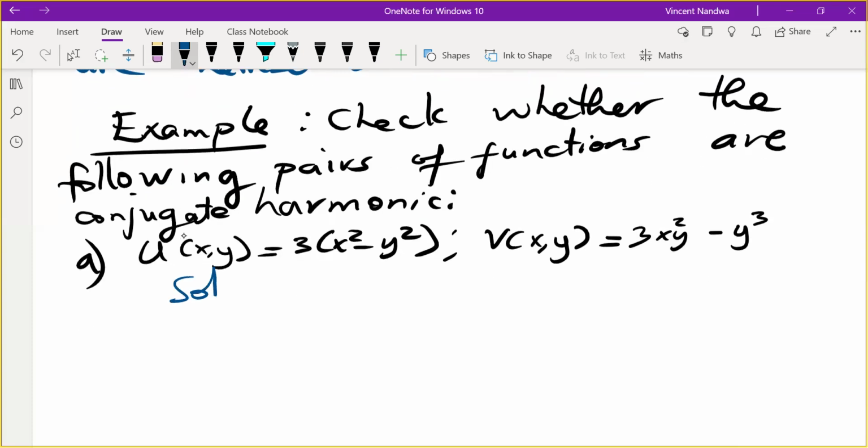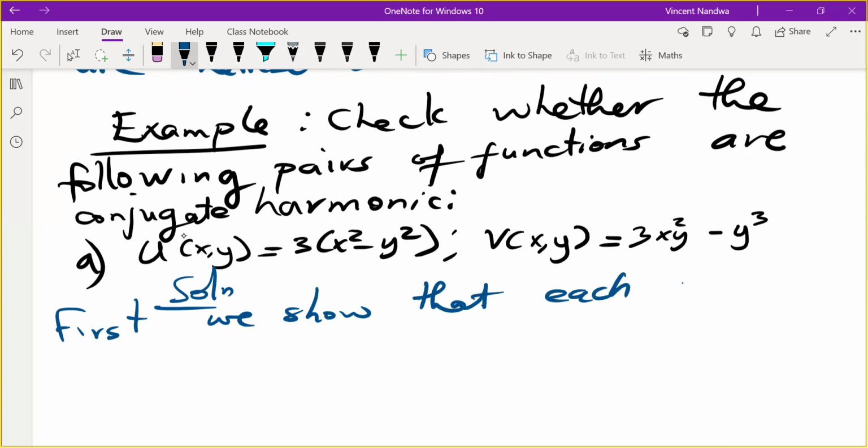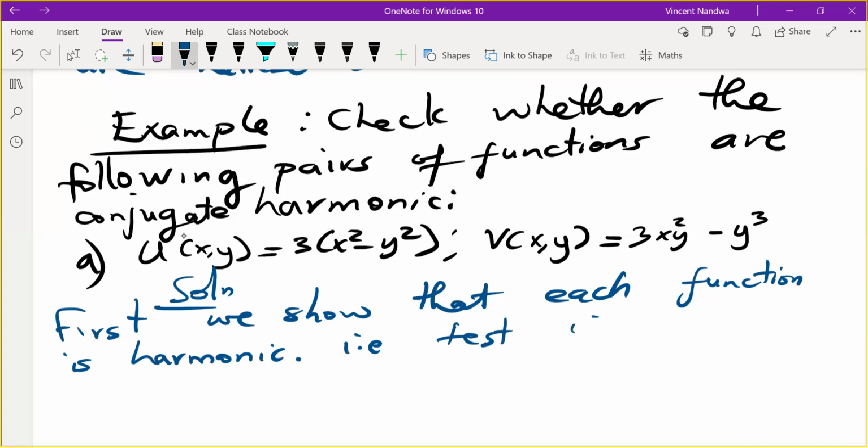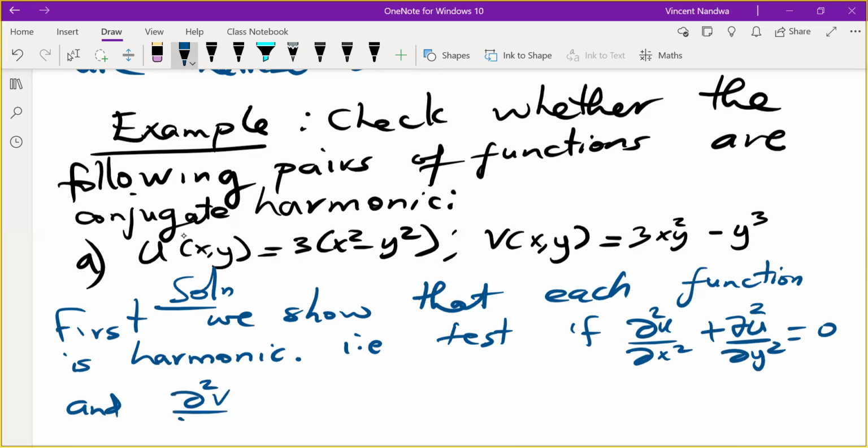So solution: first, we show that each function is harmonic, i.e. test whether partial squared u partial x squared plus partial squared u partial y squared equals 0, and partial squared v partial x squared plus partial squared v partial y squared equals 0.